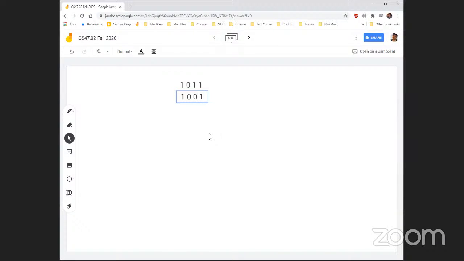So these two values are 11 multiplied by 9. So I'm looking for an answer of 99 at the end of the day, right?